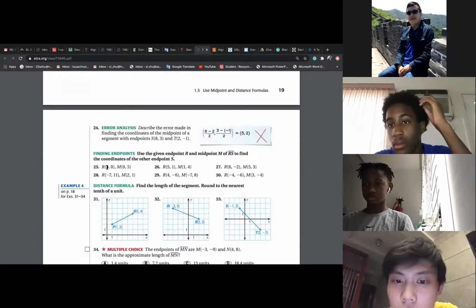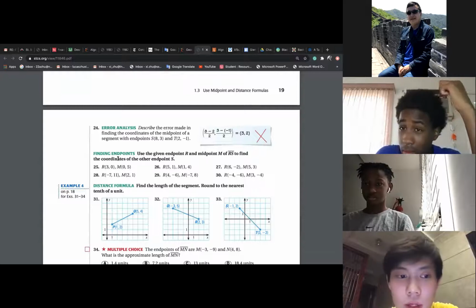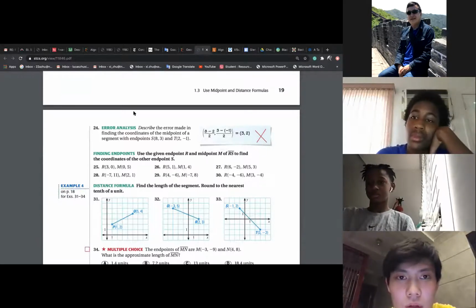So here they give you the endpoint and the midpoint, right? And they want you to find the other endpoint.